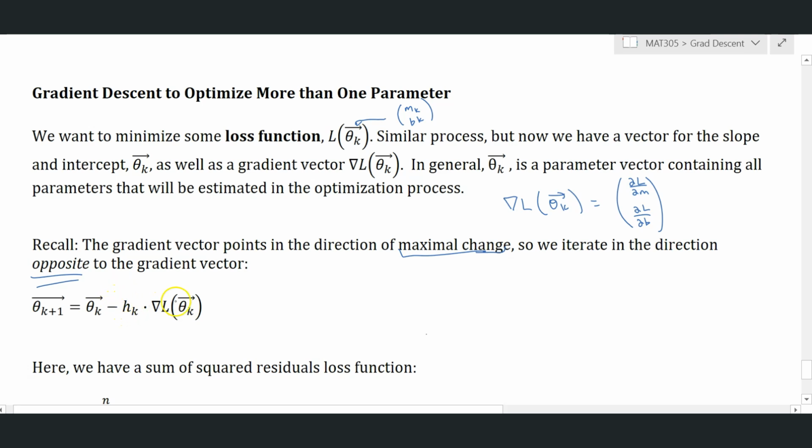We are subtracting because we want to move in the opposite direction. And remember, a gradient vector is a vector, so if this one is x, then negative x would be the same vector but pointing the exact opposite way. So we just want to move in the direction opposite of the gradient vector.